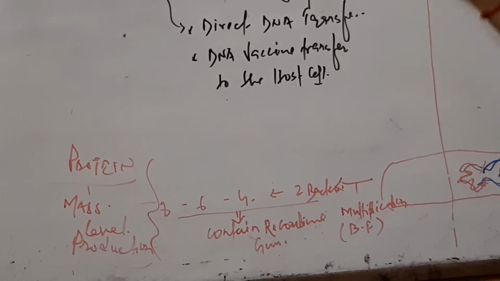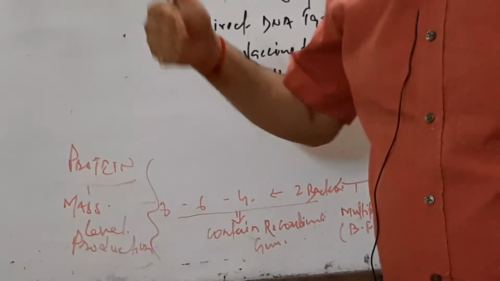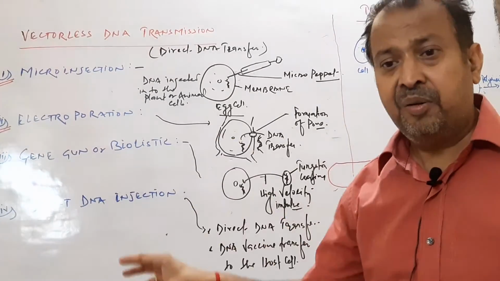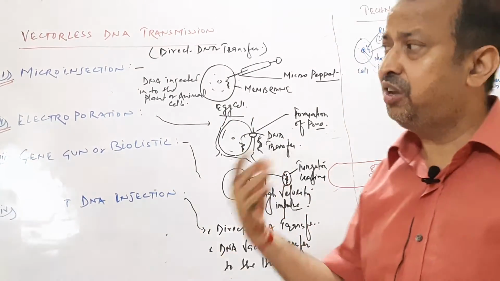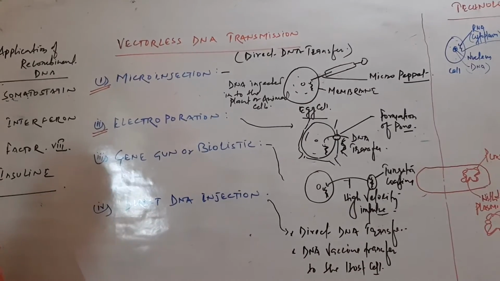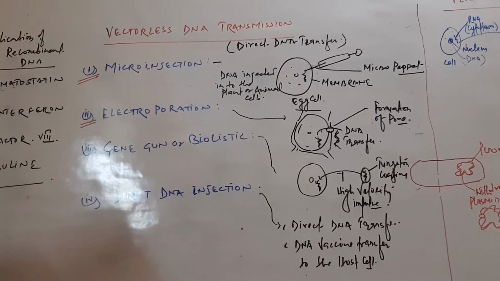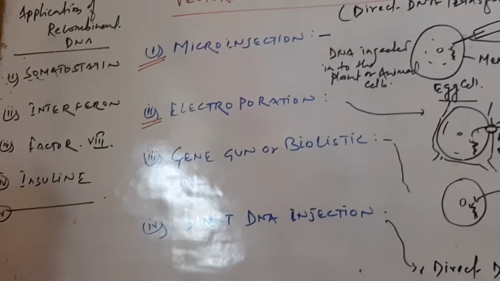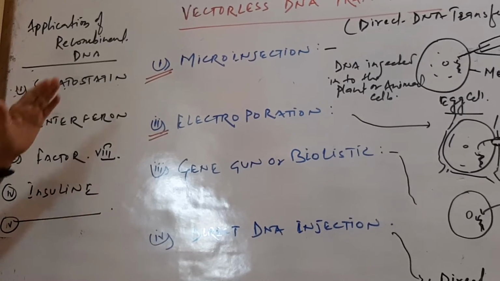So the recombinant DNA also multiplies, and the recombinant DNA containing the desired gene produces the protein at a large scale. So we produce the DNA product, gene product, or protein in huge amounts. This is the technology.